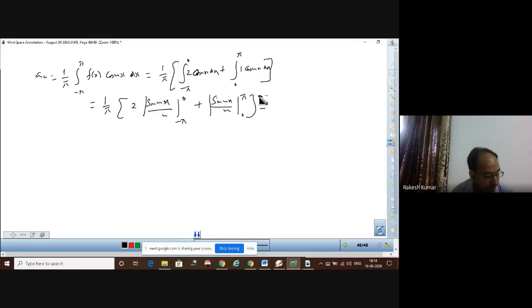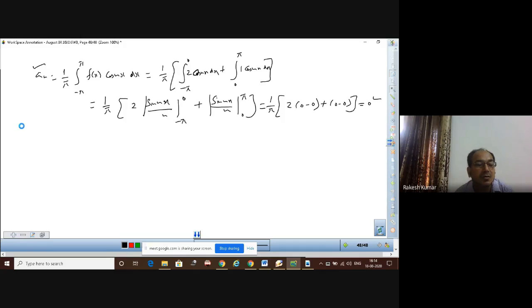When you substitute the limits, for the upper limit 0, sine 0 is 0, and for the lower limit minus pi, sine of all multiples of pi is 0. Similarly, for pi, sine n pi becomes 0, and for 0, sine 0 is also 0. So ultimately the value of the second Euler constant an comes out to be 0.